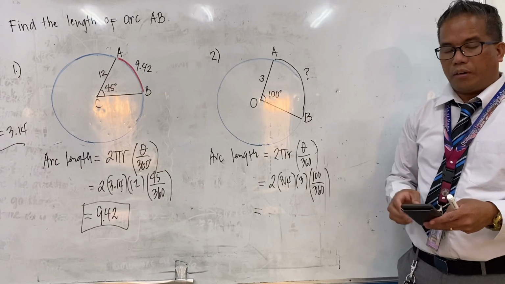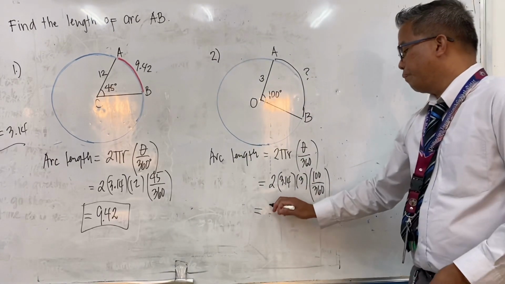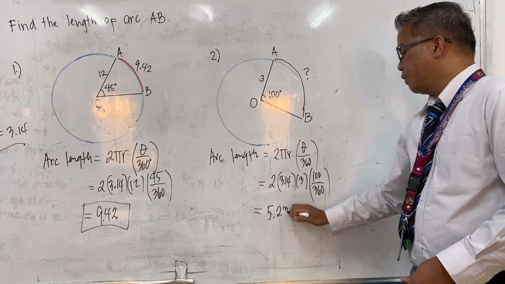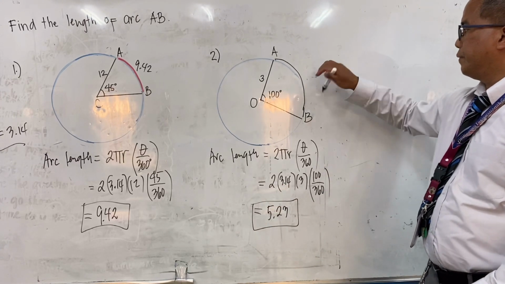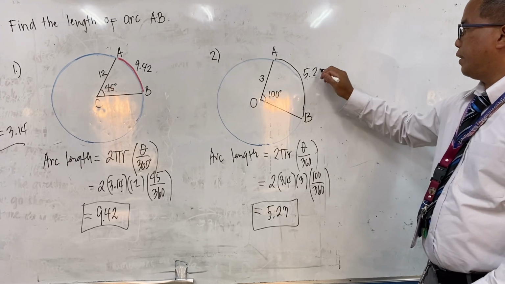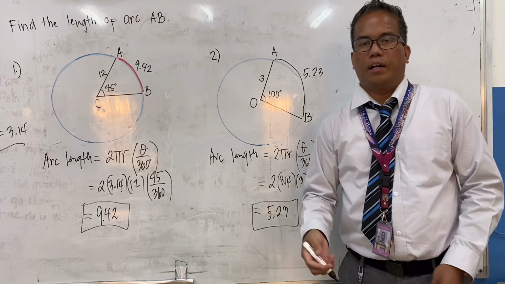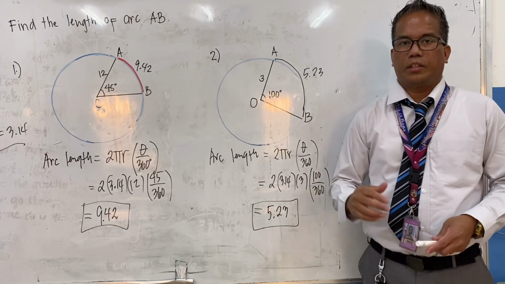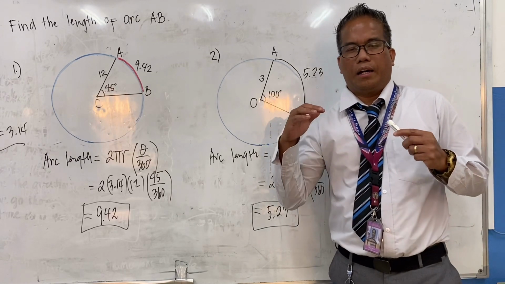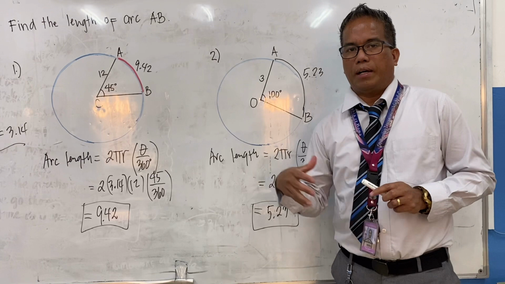The answer is 5.23 units. Since there is no given unit of measurement, just write units. That is the process on how to solve the arc length of a circle.